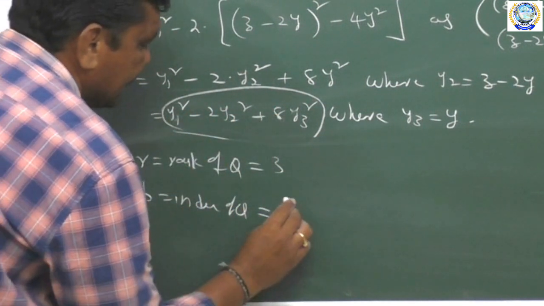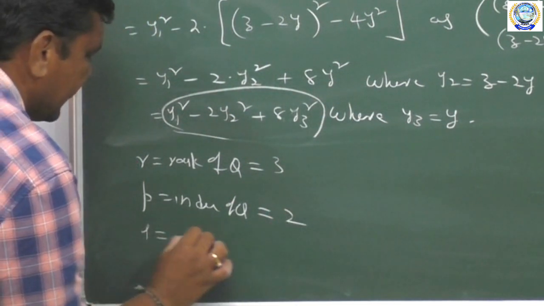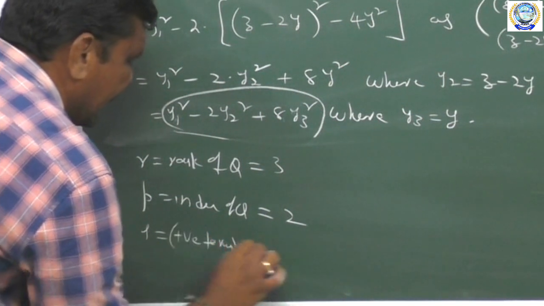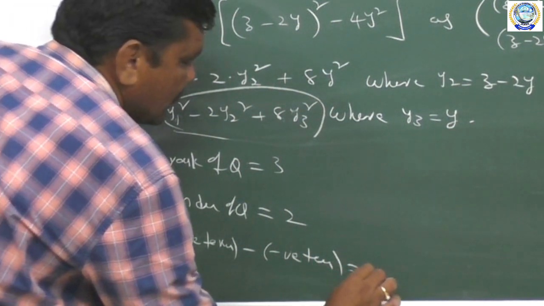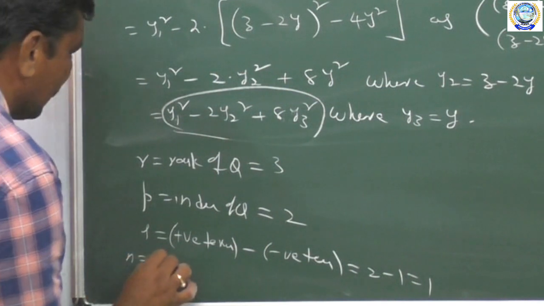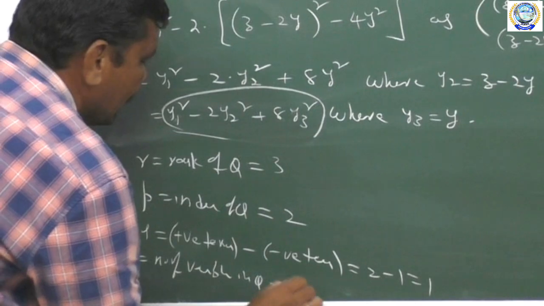So P is the index, and index means number of positive terms, that is 2. S is equal to the difference between the number of positive terms and the number of negative terms. This is equal to positive terms 2 minus negative terms 1, that is 1. And n is equal to number of variables in Q, this is equal to 3.